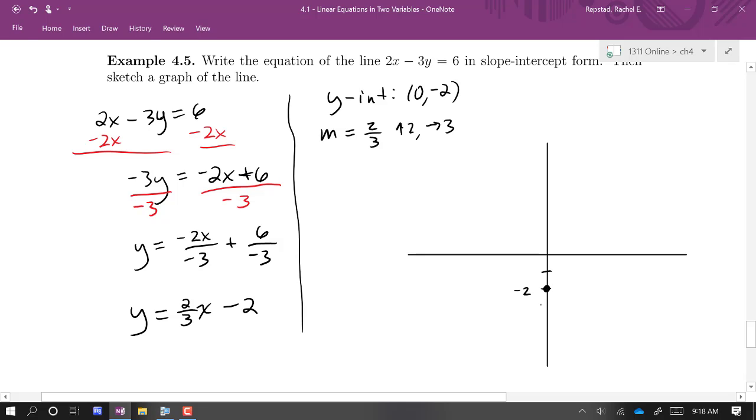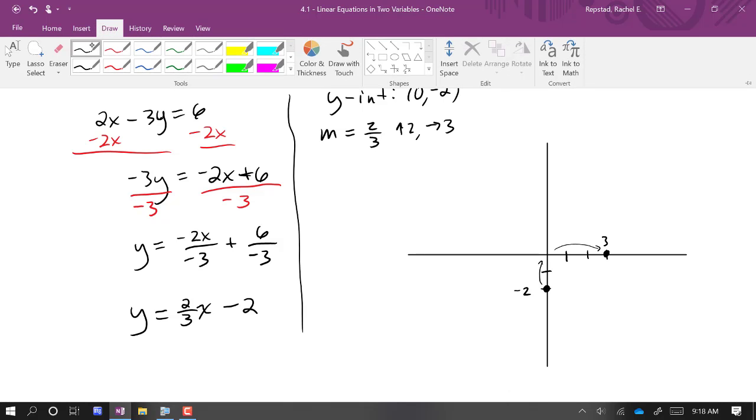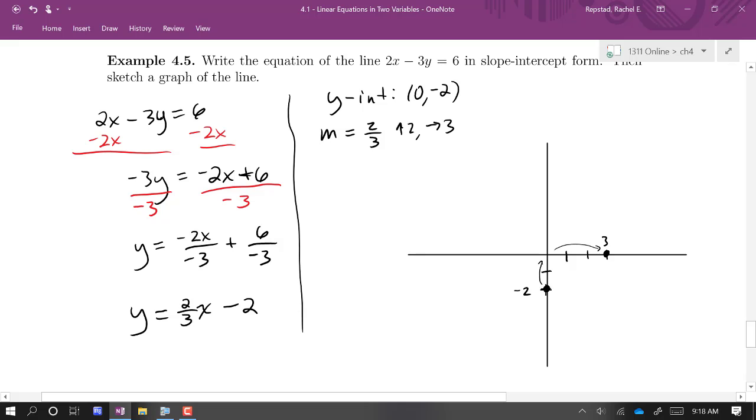So there's our y-intercept. I move up 2 and over 3 to get another point. And there's the equation of this line.